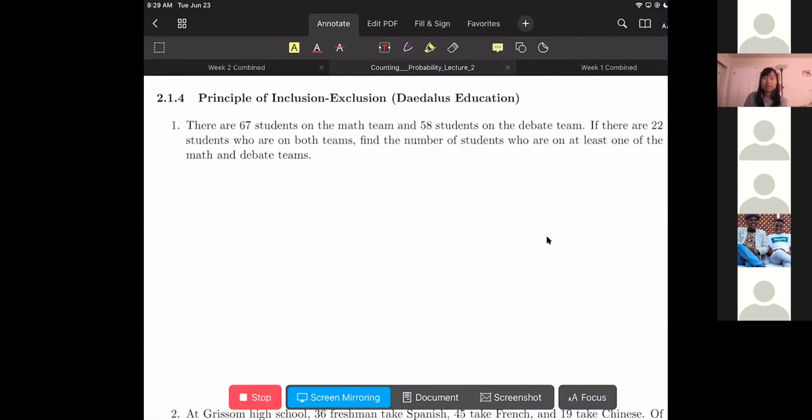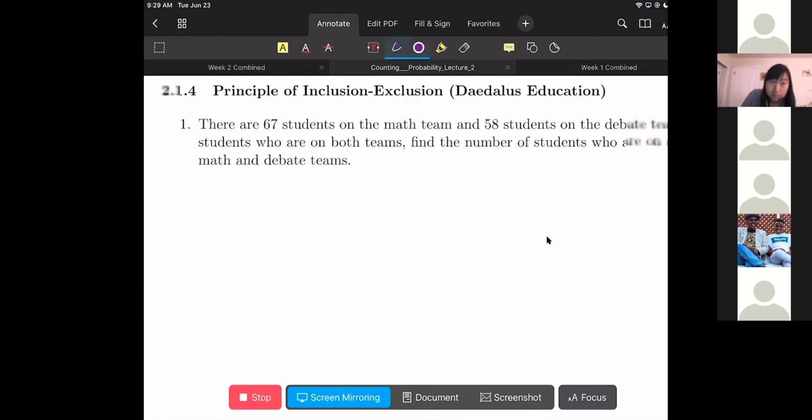I think you use the first formula that says A plus B minus A intersection B. Mm-hmm. So how do we apply that to here? So it will be 67 plus 58 minus 22.